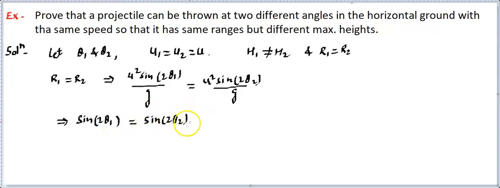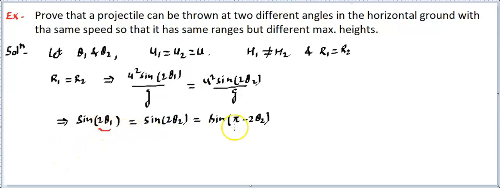So let me rewrite this in a different way, as sine of 180 minus 2 theta 2. Any theta can be converted to pi minus theta for sine, so that it remains the sine. Now we can compare the arguments.